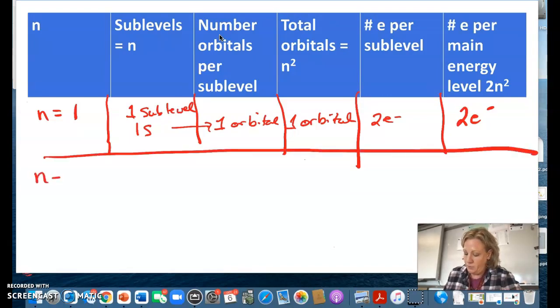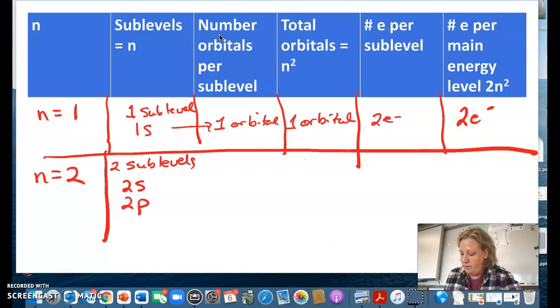If n equals 2, now we're in the second main energy level. So we have 2 sublevels, a 2s and a 2p sublevel. For the number of orbitals, s always has 1 orbital, and now the p has 3.